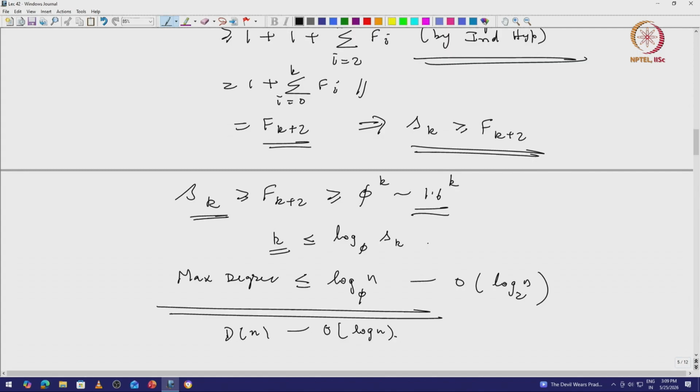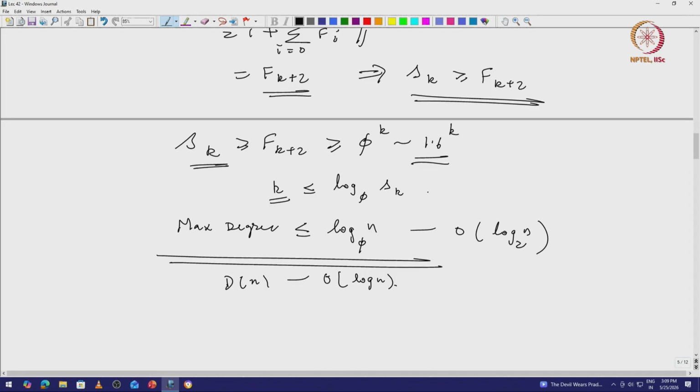If maximum degree is order log n, this implies the amortized cost of delete min is order log n.